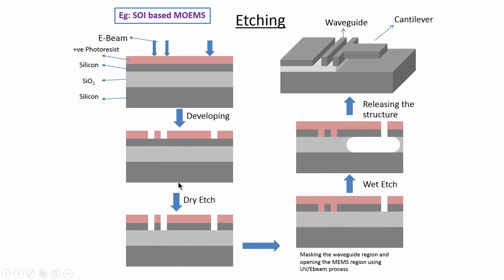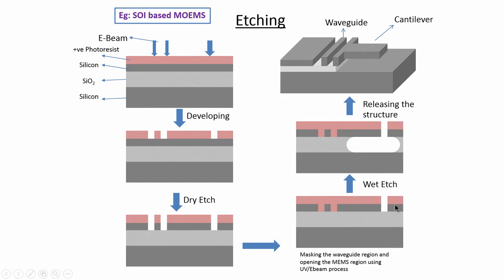The process called dry etching is used to etch out the silicon device region. This top silicon layer can be called the device region. The silicon device region can be etched out by using the dry etching process.